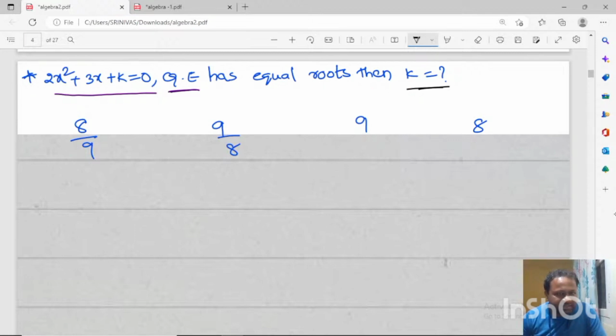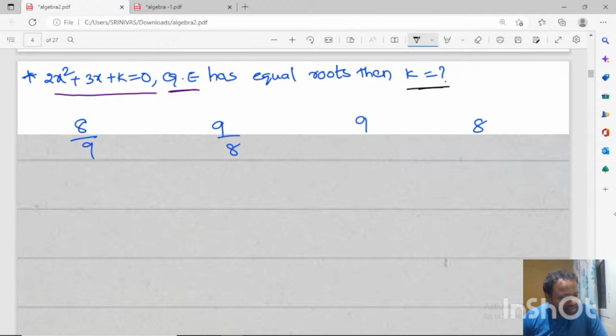2x square plus 3x plus k is equal to 0. Quadratic equation has equal roots. What will be the value of k? You can guess. Answer will be easy.